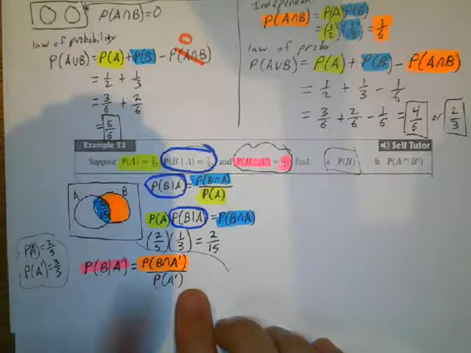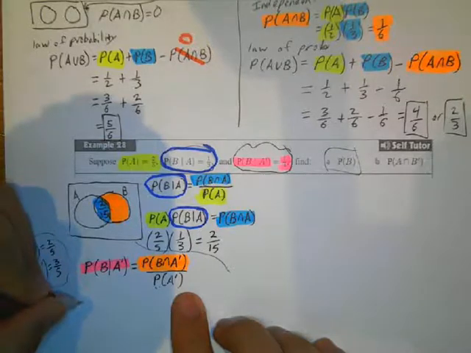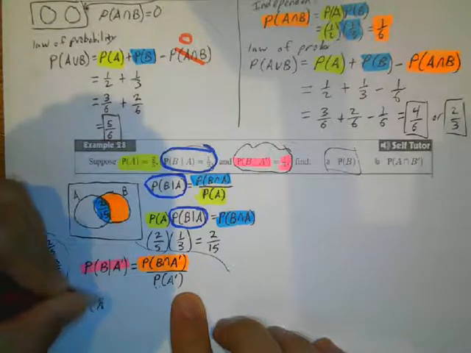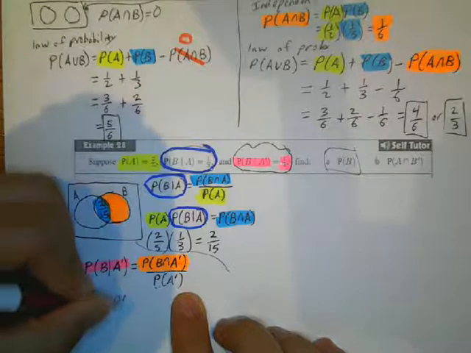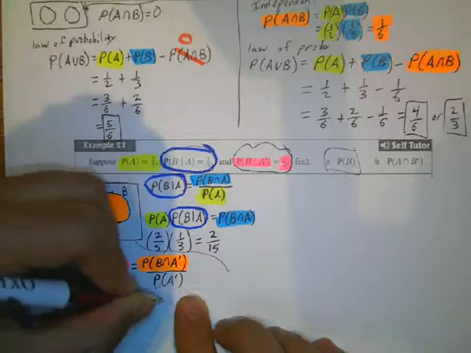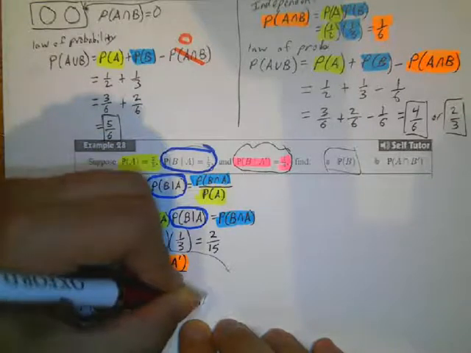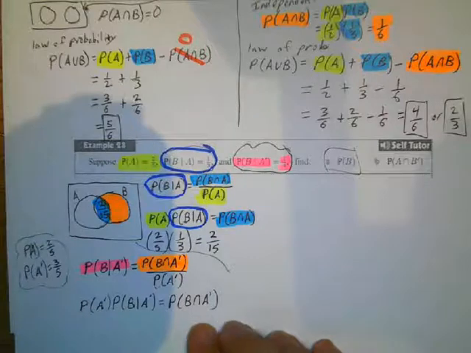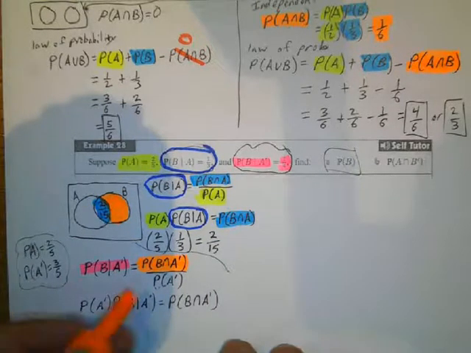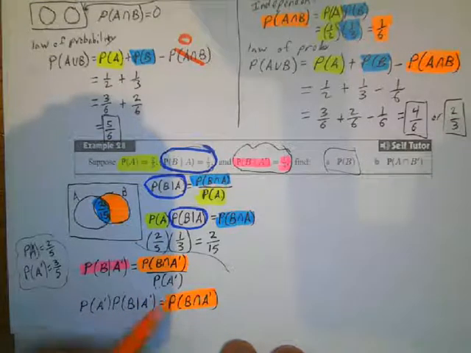So let's rearrange this equation so that we have the probability of A prime times the probability of B given A prime equals the probability of B intersection A prime. Okay. So all I did was multiply both sides of the equation by probability of A prime. We're solving for this orange value.